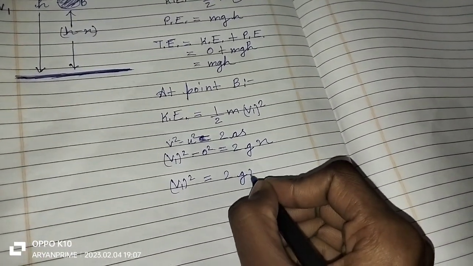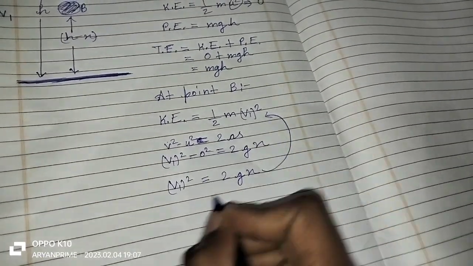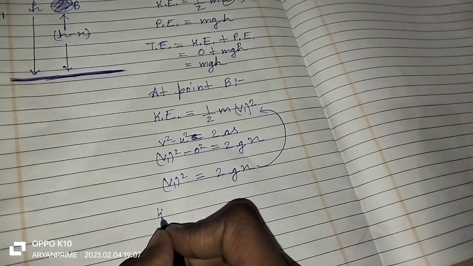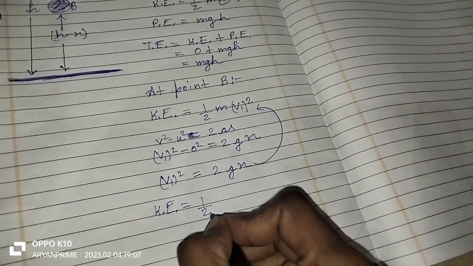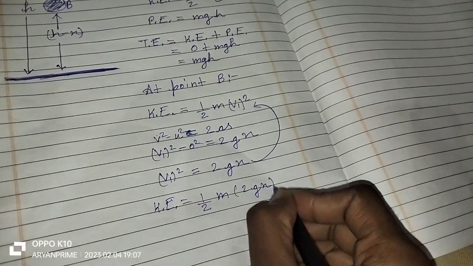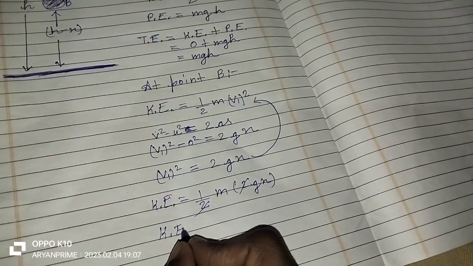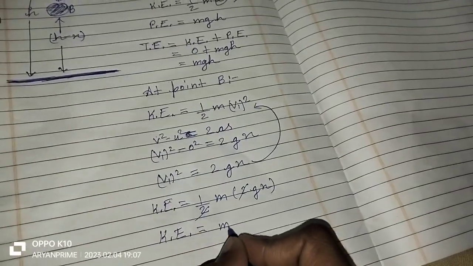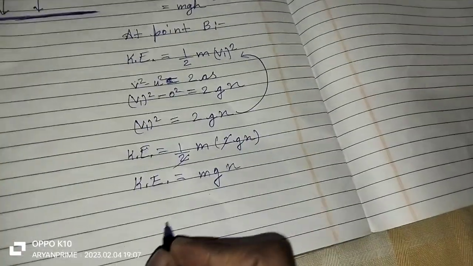So now we put this value of v1 into the formula of kinetic energy. Kinetic energy equals 1 by 2 m, and we put 2gx in place of v1 square. So kinetic energy equals mgx.